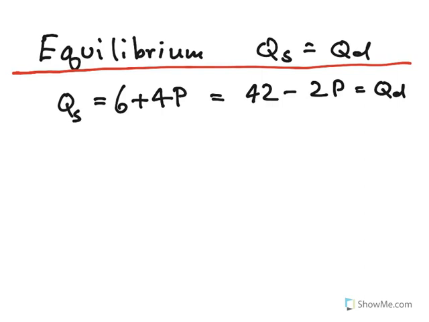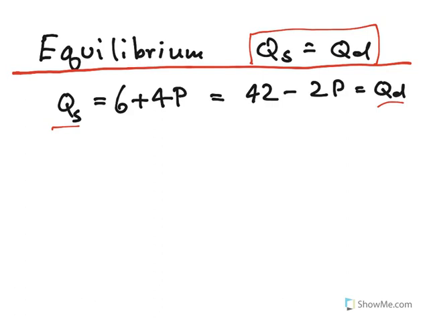Now, let's use these equations to look at the equilibrium price and quantity in a market defined by these two relationships. One of the things about this equilibrium is that we're going to have quantity supplied equal to quantity demanded. We have a relationship for the quantity supplied and a relationship for the quantity demanded.